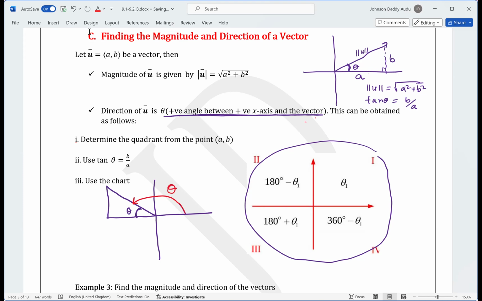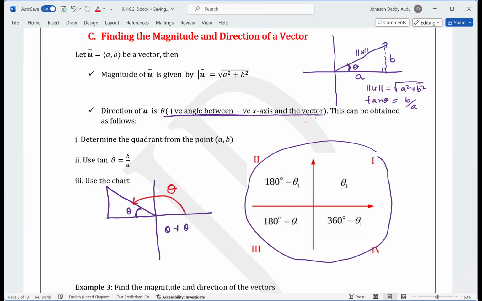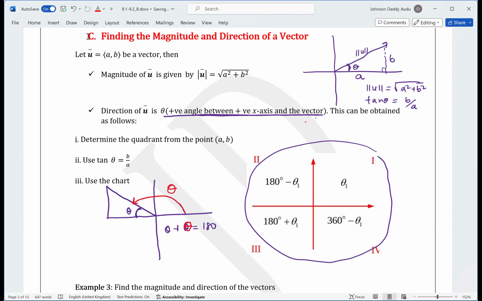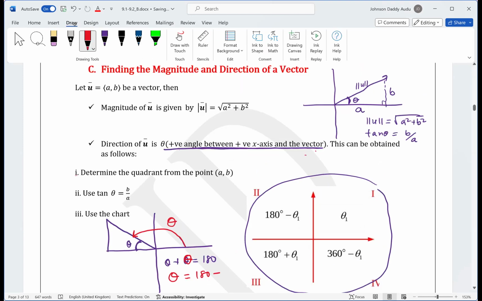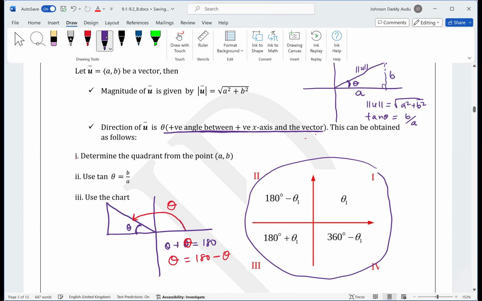If you add the purple one and the red one, it is going to give you 180. But the red theta is our direction. So the red theta is going to be 180 minus the purple theta. That purple theta is what we call the reference angle.